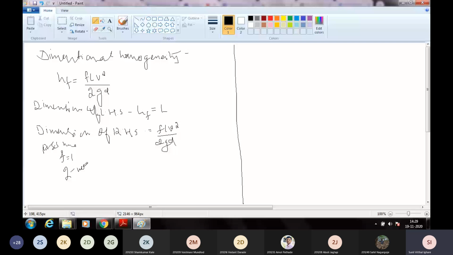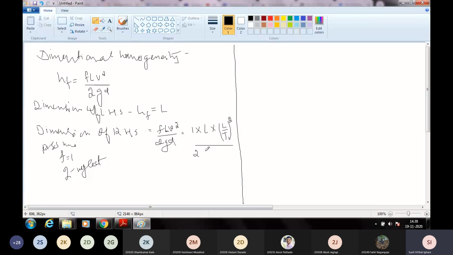If I simplify this, friction value 1 multiplied by the length, L, multiplied by V square. This V square means velocity square. Velocity, how to write velocity? Distance divided by time, L by T, and that is whole square, divided by 2. We just have to neglect 2.